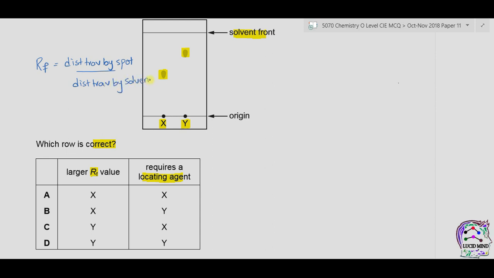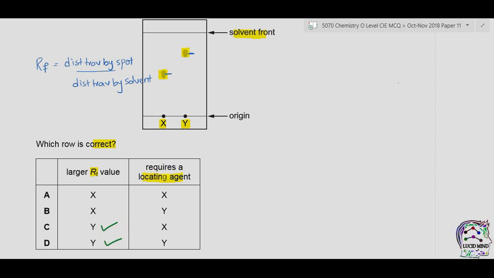Both are measured from the baseline or origin line. As we can see, the spot of X is below the spot of Y. So X travels less distance as compared to Y, so the Rf value of X should be lower than that of Y. So larger Rf value is shown by Y.